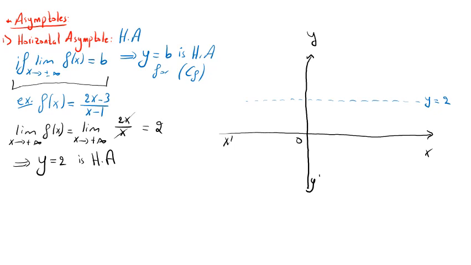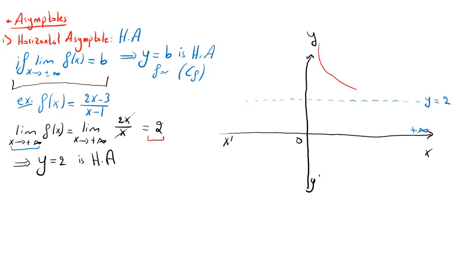What do we mean limit at infinity? Here we have x going to plus infinity. Then as we go to plus infinity, the graph should be always reaching 2. Can't cut the line y equal to 2. Suppose this graph is decreasing function like that.